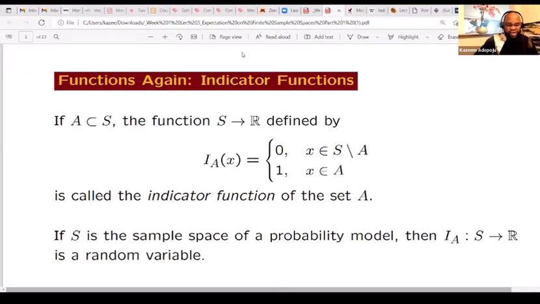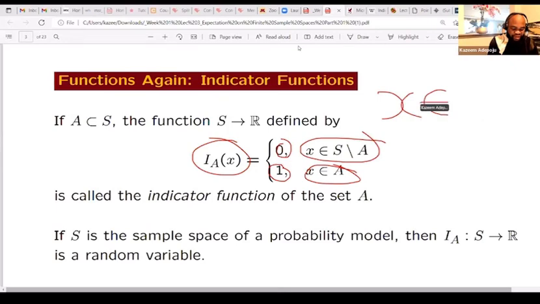So literally, what we mean by indicator function is that you have a random variable, one for the indicator function, that tells you the occurrence of an event, and a random variable zero, that tells you the event does not occur. So the indicator function is equal to 1 if x lies in the event A, and it is equal to 0 if x lies in the complement.